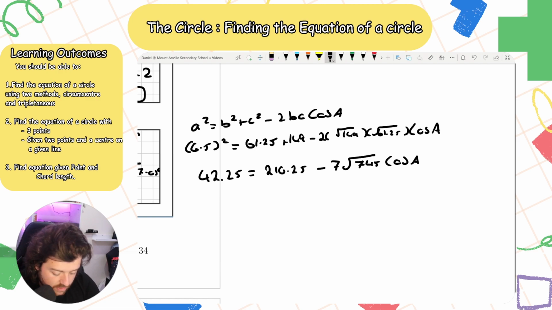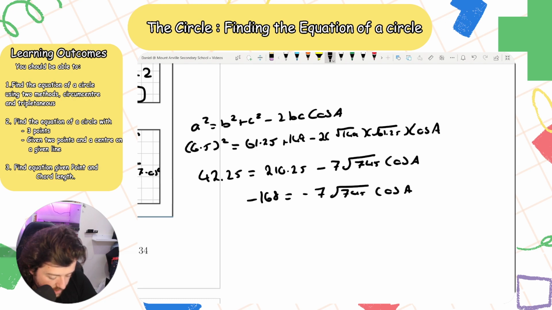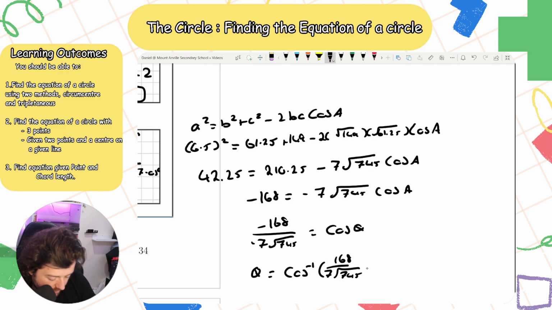Bring everything over to one side. So 42.25 minus 210.25 is minus 168, equal to minus 7 root 745 cosine alpha. Minus 168 over minus 7 root 745 is equal to cosine alpha. Alpha is equal to cosine inverse of 168 over 7 root 745.